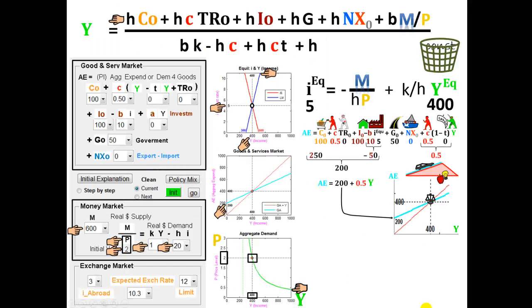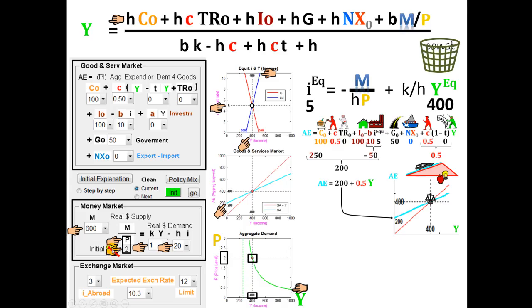So, conclusion: if we want to find the aggregate demand curve, the only thing that we have to do is to use exactly the same expression that we used to find this intersection, but not with a fixed value for P, but with variable P. So the only thing that we have to do is to plug in all of these values in the goods and in the money market here, except this value.